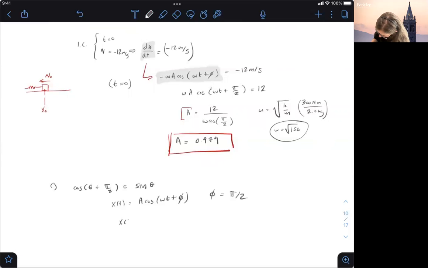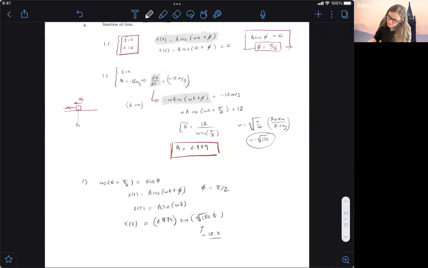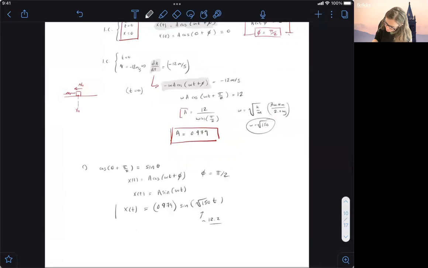So x of t is equal to A sine of wt. And we found our A to be 0.979. And our w is the square root of 150, times t. And this is around 12.2 or so. So that's our final expression for the position as a function of time.